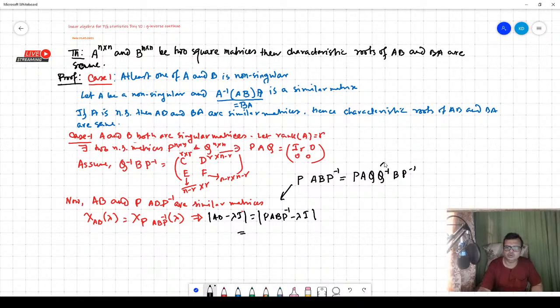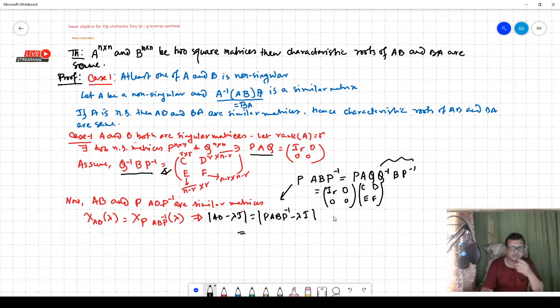This equals this matrix, and PAQ I take as [I 0; 0 0]. So this is equal to [C D; 0 0].